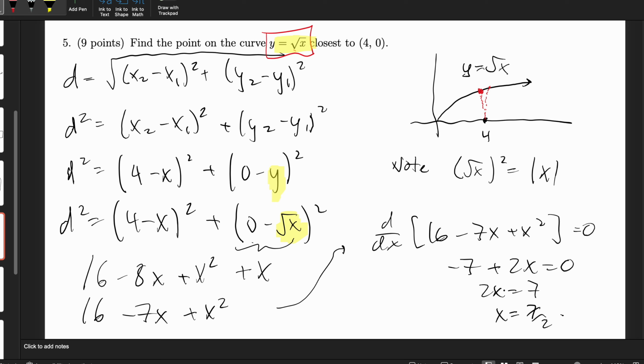So the point closest to this point on this curve is going to be 7 over 2, comma, square root of 7 over 2. That's going to be the answer. And actually, if you take a look, 7 over 2 is a little less than 4. 7 over 2 is going to be exactly, yeah, it's exactly going to be this point, right? Just sort of like our intuition told us. Okay, excellent. Very good.